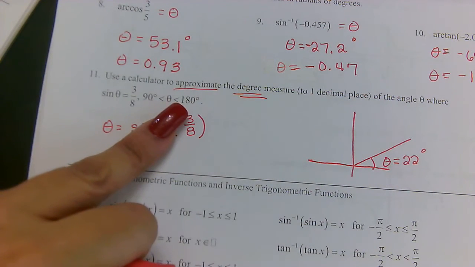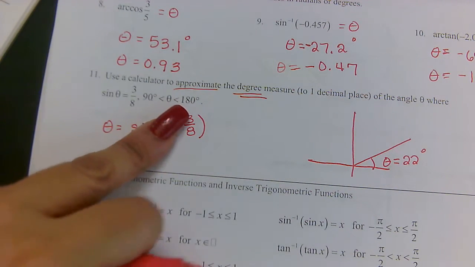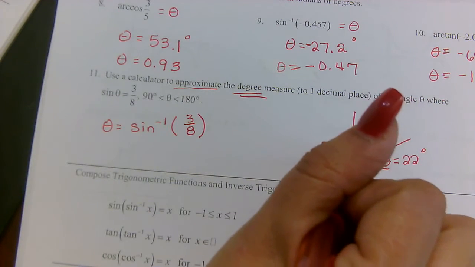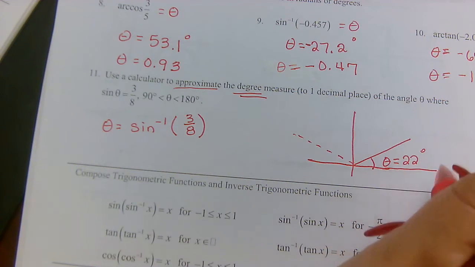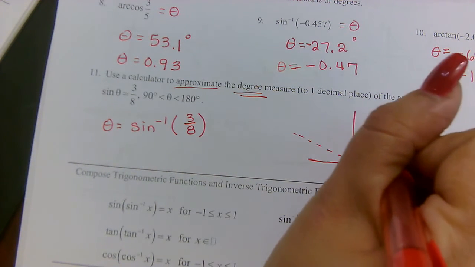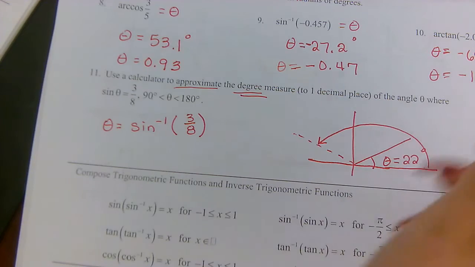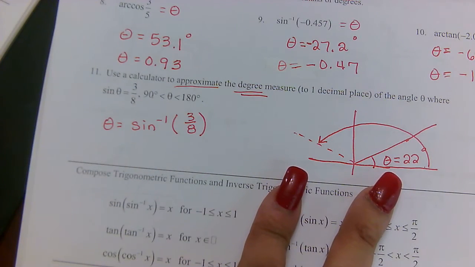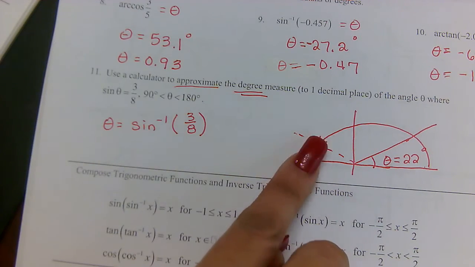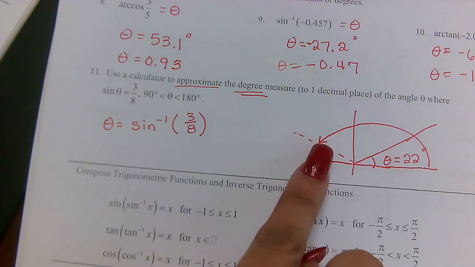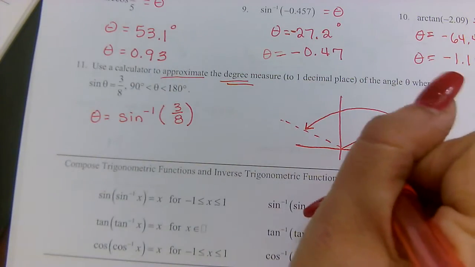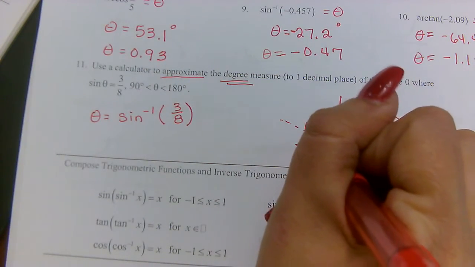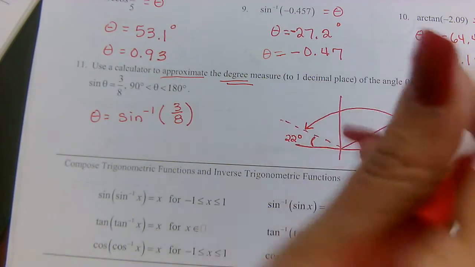But since we want a degree in quadrant 2, we're going to have to determine what this particular angle is. We're going to go from here all the way to here. Remember, sine is positive in both of these quadrants, so the ratio could be positive over here as well. So how do I solve for this? Well, if this angle is 22 degrees, this angle is 22 degrees as well.